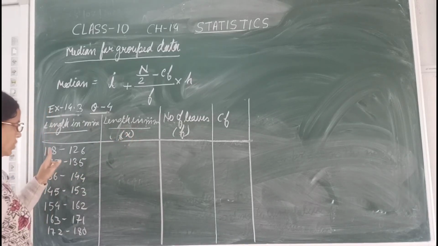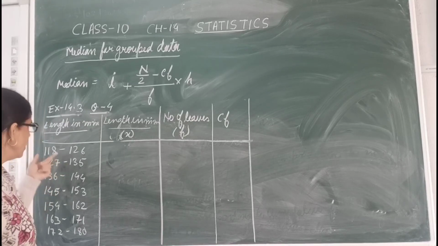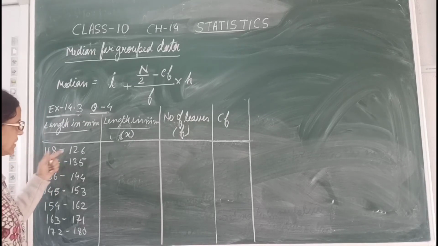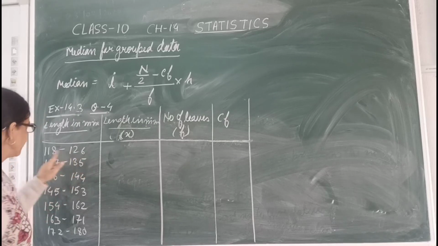Now I am simply making it continuous. As you know, we subtract 0.5 from the lower limit and add 0.5 to the upper limit.